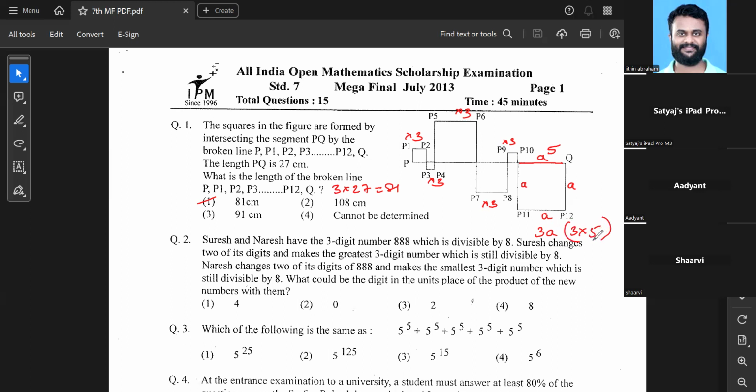Yes, sir. So I'm using the same logic. When the straight line is drawn once, the broken line is covering 3 times its distance. So using that logic, this broken line will also cover 3 times its distance. This broken line will also cover 3 times its distance. Why 3? 1, 2, 3. When the straight line is coming 1, it's coming 3 times. This one is also 1. Okay, understood.